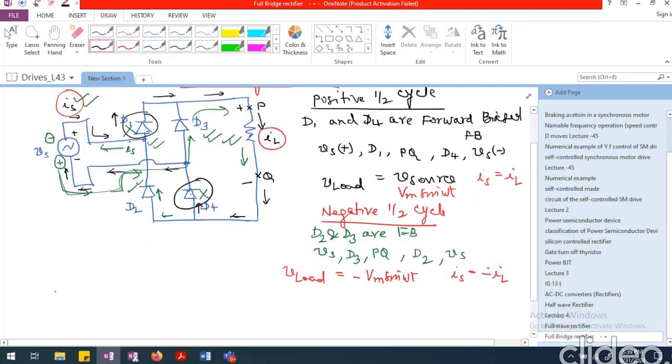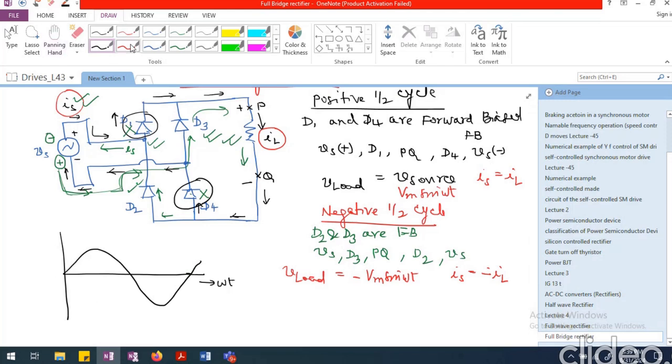Looking at the source voltage, D1 and D4 conduct from 0 to pi, and from pi to 2 pi, D2 and D3 will conduct.